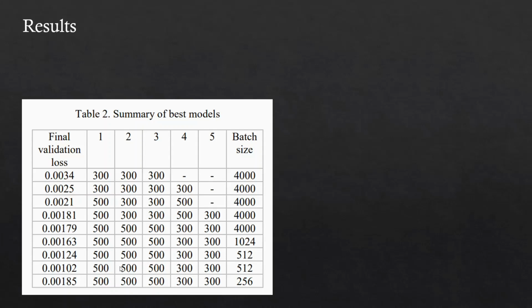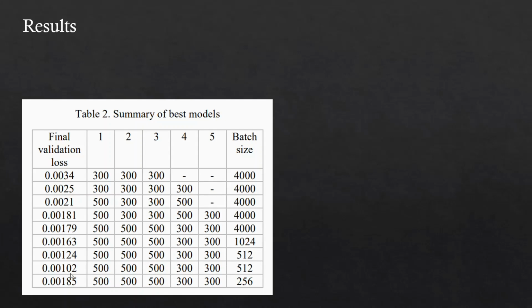When I increase it, the updates that are making the weights of the model become smaller, and then I saw that the performance of the model improved. Here we have the best model.